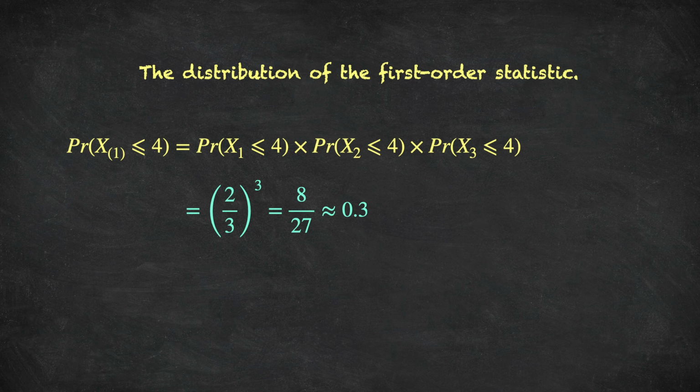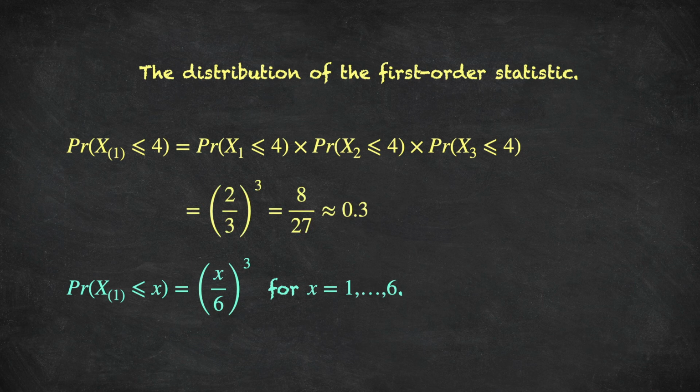So that's pretty much what we saw. We saw that a third of the time our first order statistic was below 4, and the rest of the time it was above 4. Using exactly the same ideas, we could calculate more generally the distribution function by asking what's the probability that our first order statistic takes a value less than or equal to any particular small x, where x is either 1, 2, 3, 4, 5, or 6.